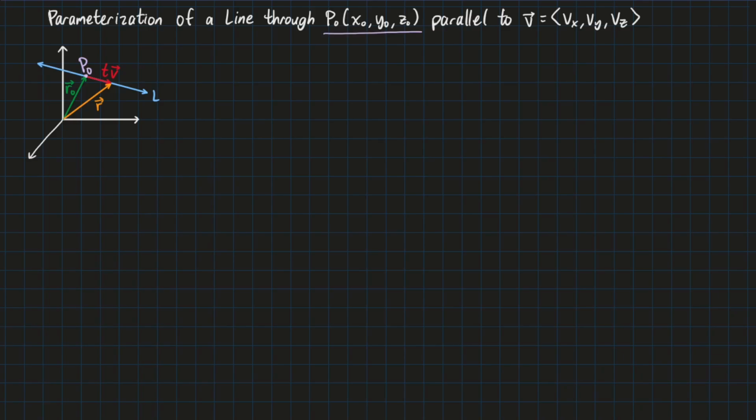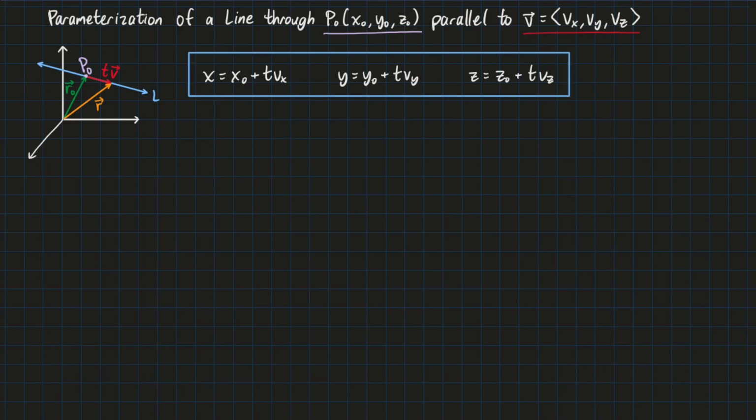Again, we can have vector v go along the line L, and let's say that the components for vector v are vx, vy, and vz. The parametric equations for the line can be written as x equals x0 plus t times vx, y equals y0 plus t times vy, and z equals z0 plus t times vz.